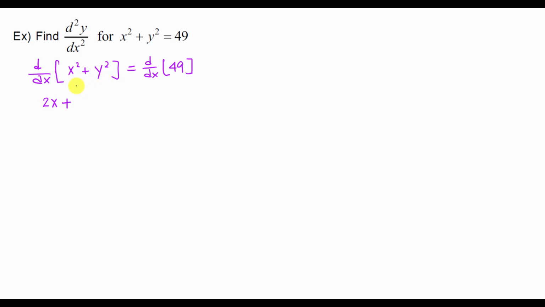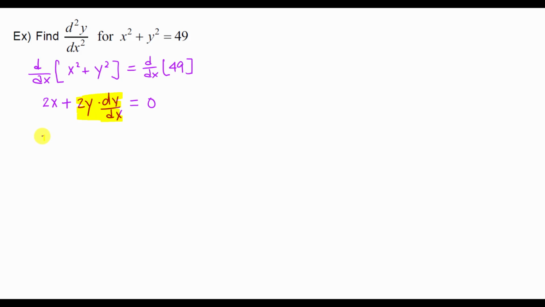And when you take the derivative of y squared with respect to x, use the chain rule, you get 2y dy/dx. Equal to the derivative of 49, which is 0. This is very simple, huh? There's only one term that has a dy/dx. So you can leave that one there and just send the 2x to the other hand side.